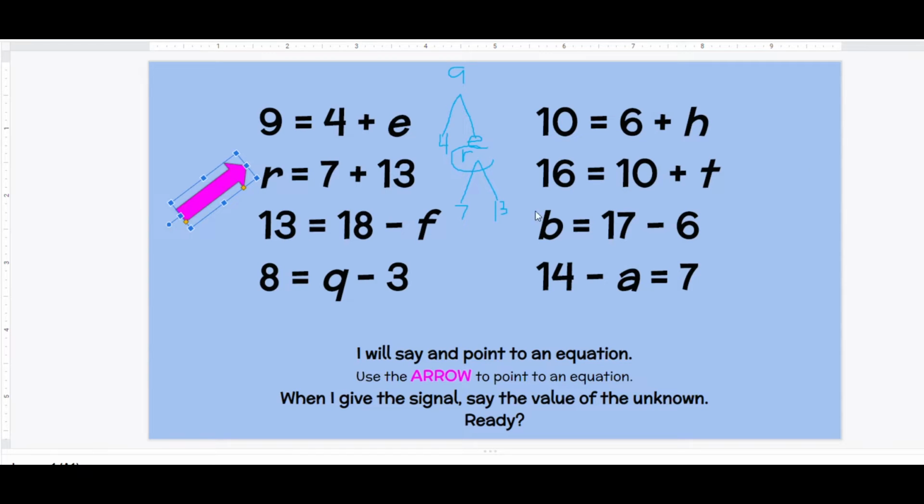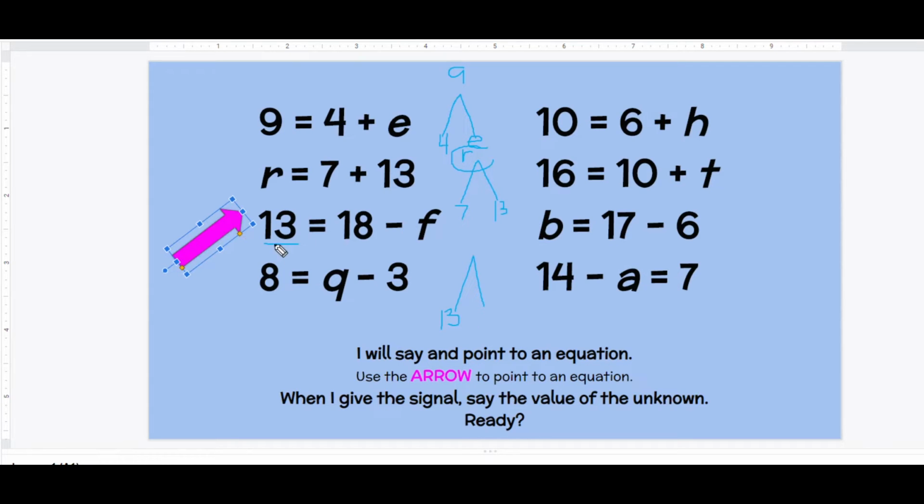Class, read it with me. 13 equals 18 minus F. Think about it. Class, F equals 5. If they're not sure, quickly, math mountain. Let's point to each one, partner or total. It's a partner. That's always a misunderstanding.